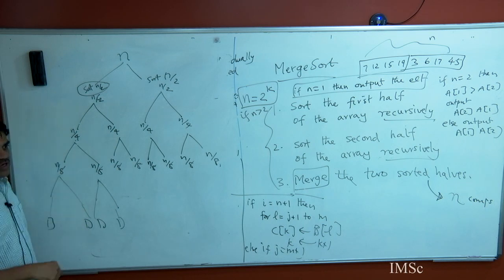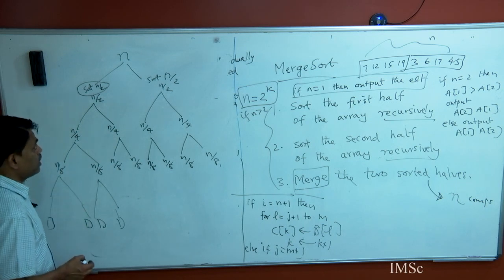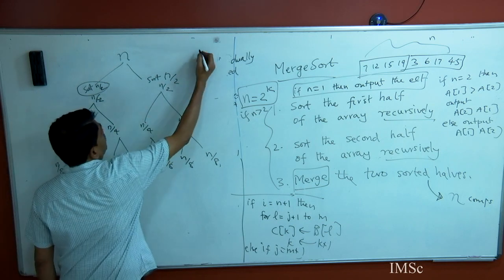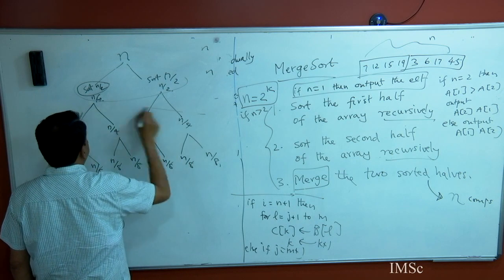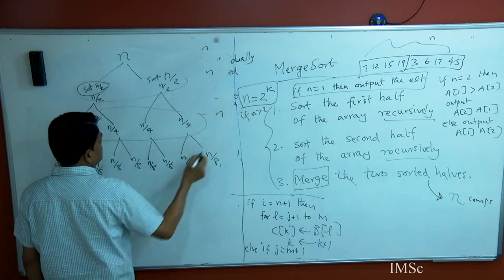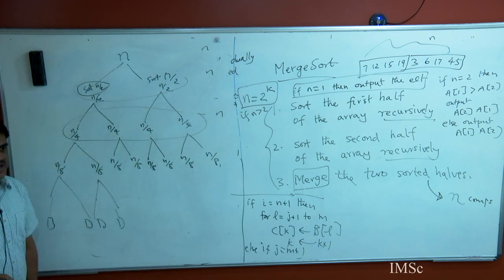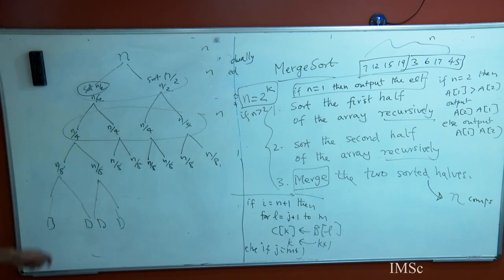So what would be the total number of comparisons? Well, there are n comparisons at this level, n comparisons at this level, n comparisons at this level, and how many levels are there? K many levels if n is a power of 2, because when you reach here it will be n by 2 power k, and that's when you don't do any comparison.